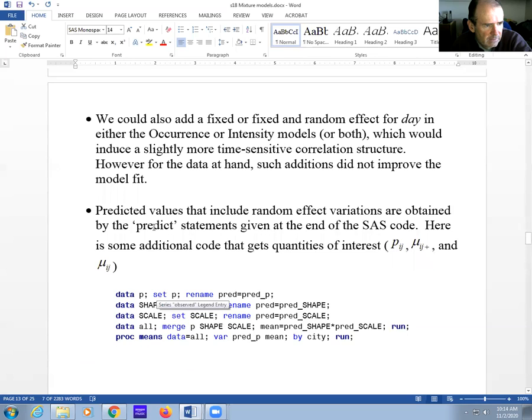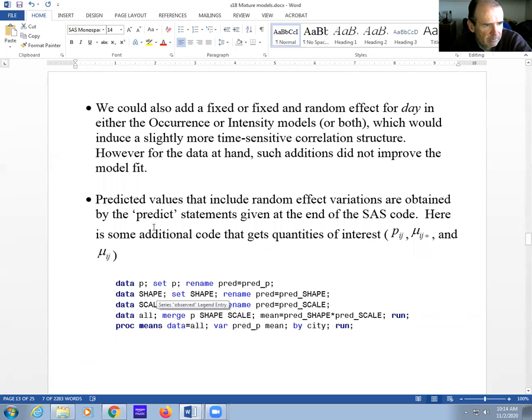And through the predicted values, we can compare the cities to each other. One of the things that I didn't do is include any terms in my model for day. I tried that, but the data was basically one season, winter. If I had extended that, it would be more important to have day in the model, or something that accounted for changes over time.